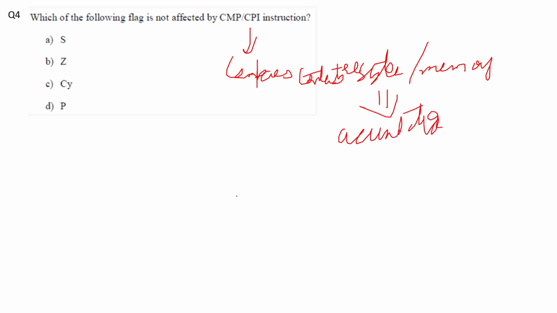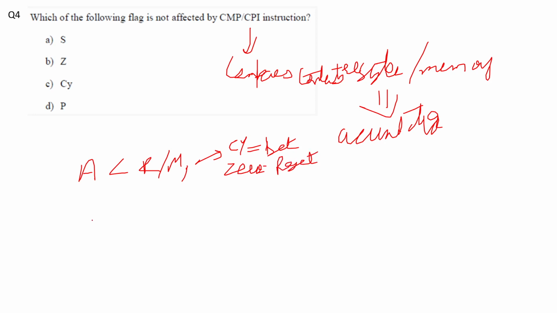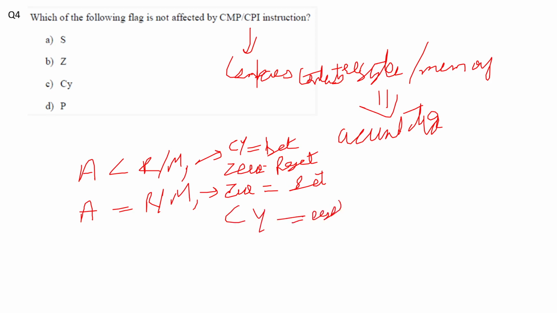If the contents of accumulator A are less than R or M, it sets the carry flag. So carry flag is 1 and zero flag is reset. This is set and this is reset. If A is equal to the contents of memory or register, the zero flag is set and the carry flag is reset. If A is greater than the contents of register or memory, the carry flag and the zero flag are both reset.